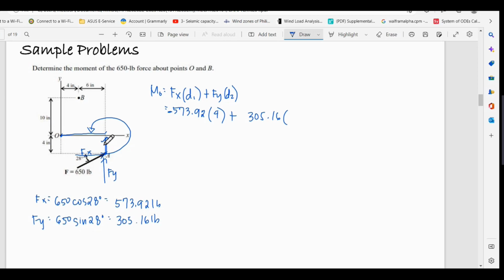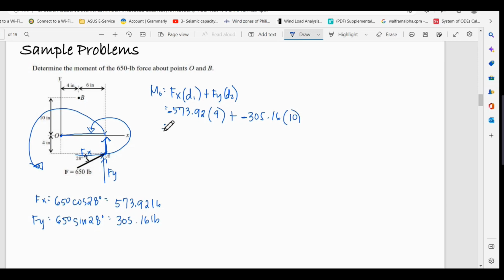Fy yan as we have the principle of transmissibility. So, if we apply a force Fy here at the tip of our stick, so anong mangyari sa stick natin? Magro-rotate din siya ng counterclockwise direction. So, ikot yung stick natin into its counterclockwise direction. So, we have here 10 inches. Therefore, negative din to.